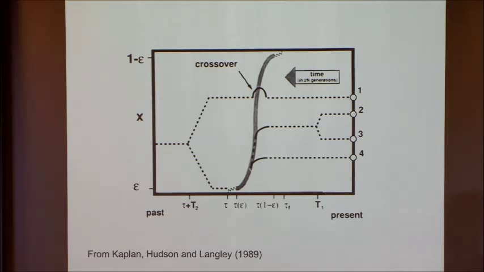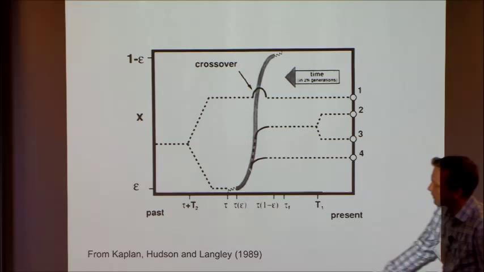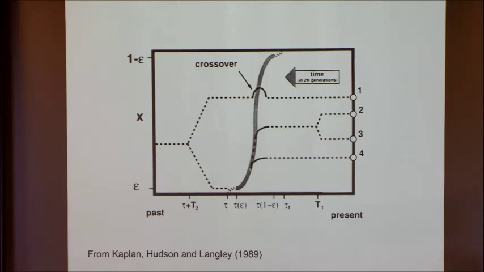Okay, so this idea goes back all the way to a paper by Maynard Smith and Haigh from 1974. But the modern way of thinking about this problem and modeling it can, I think, be traced back to this paper by Kaplan, Hudson, and Langley from 1989. They were interested in, and made one of the first models of, coalescence models with selection.